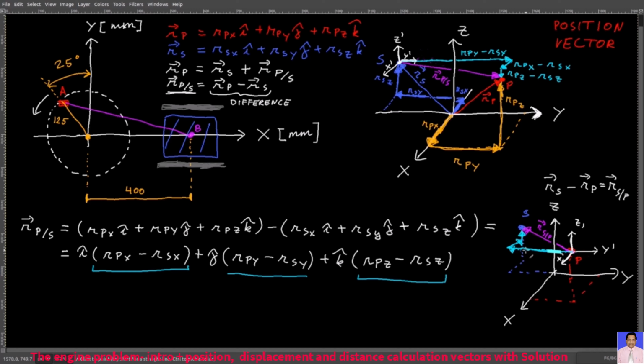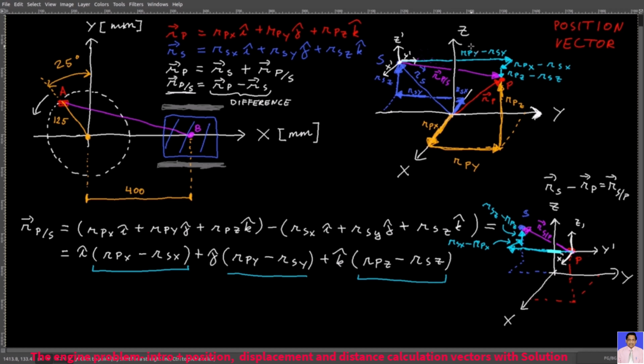Note that all these three components have the opposite directions to what you had here. So if here you had r px minus r sx, then here you would have r sx minus r px. It would be this one here. Then here you have r pz minus r sz, then here you would have r sz minus r pz.